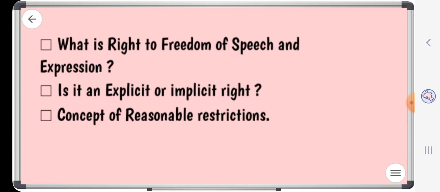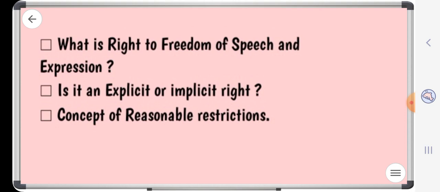Clause 1, Subclause A. However, Clause 2 of the same Article 19 specifies that the freedom mentioned in Subclause A of Clause 1 is not absolute and allows for the enactment of laws that reasonably restrict its exercise.